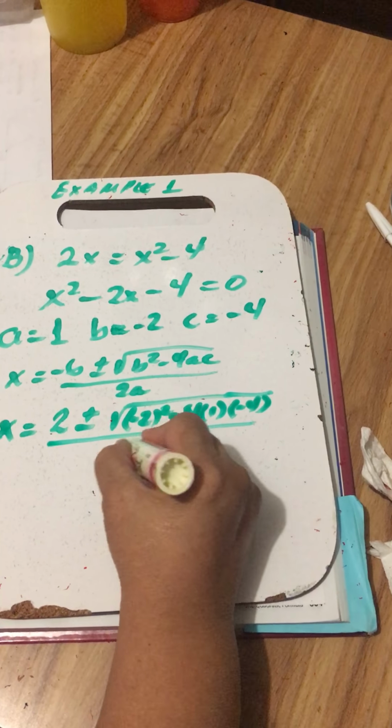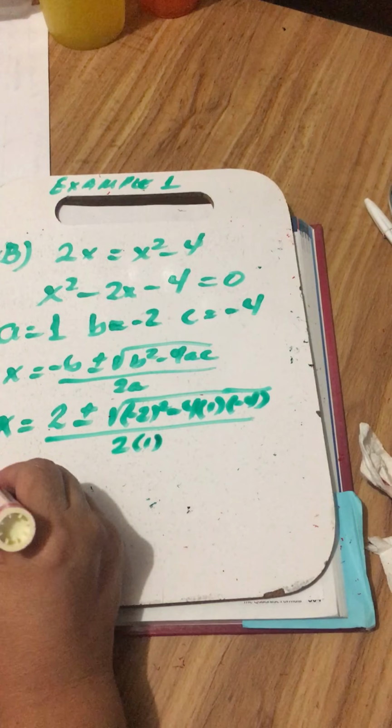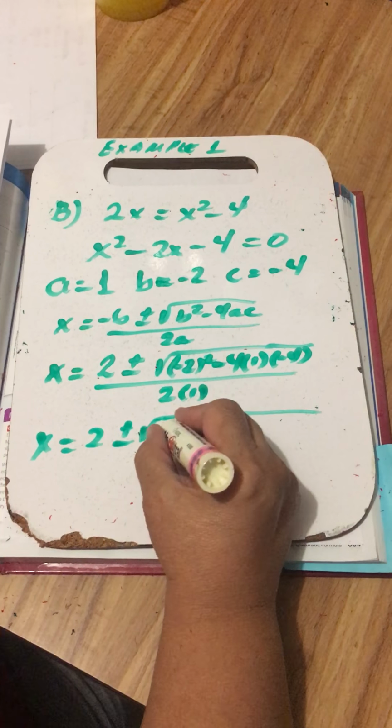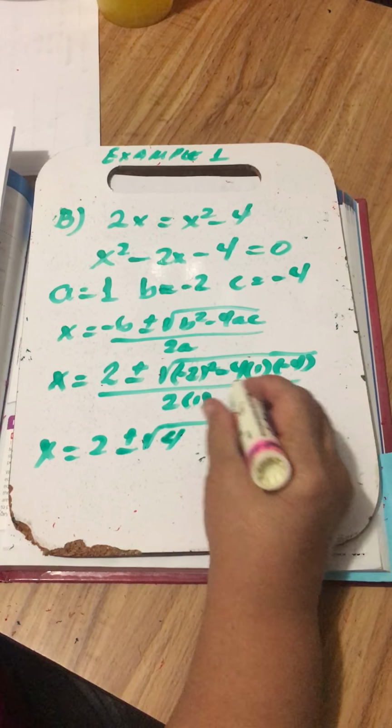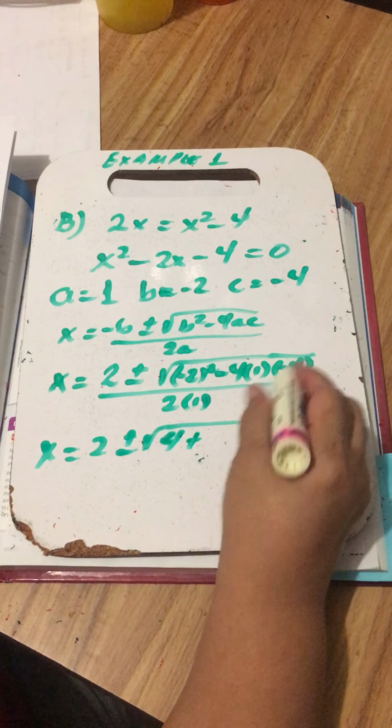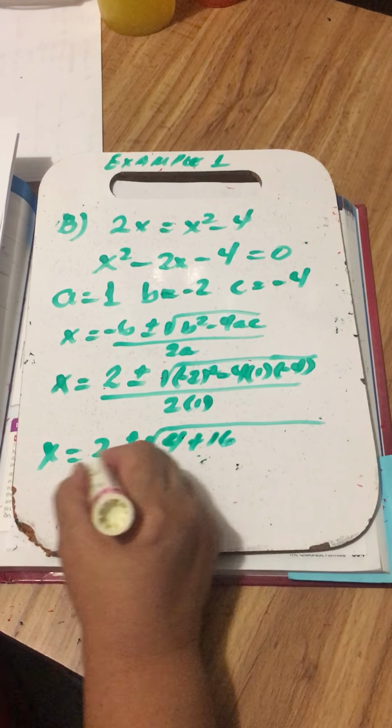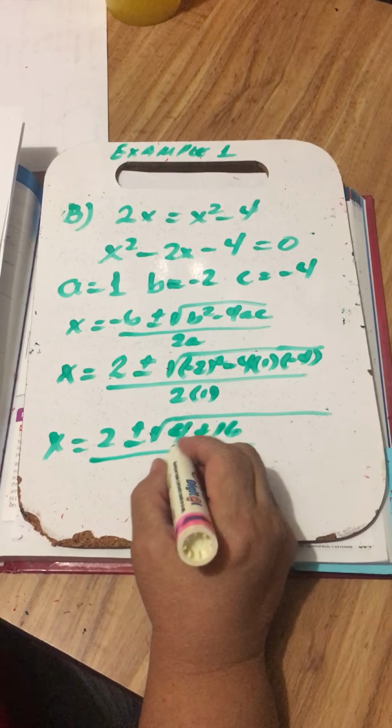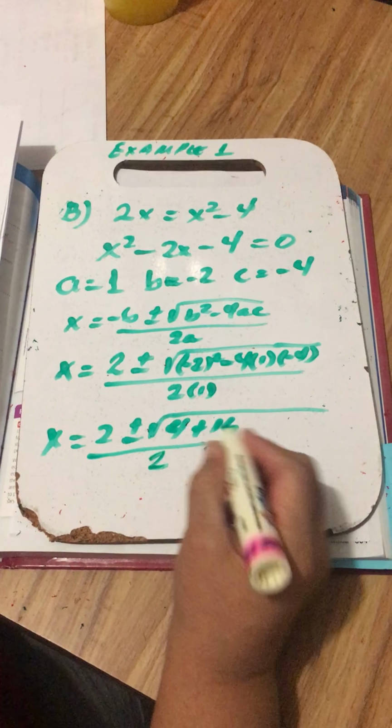Then divide by 2 times 1. Then next is going to be 2 plus or minus, 2 squared is going to be 4, minus times minus is positive, 4 times 4 is 16, divided by 2. Then I obtain x equals 2 plus or minus the root of 20 divided by 2.